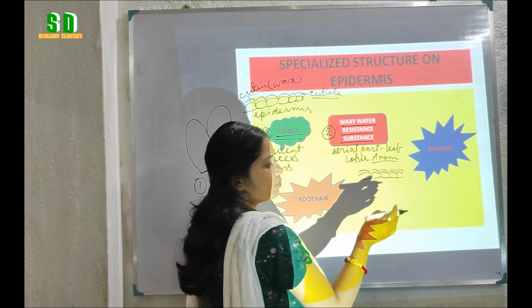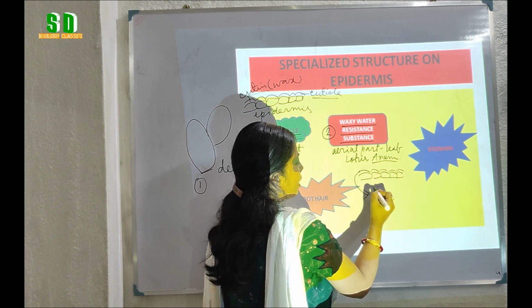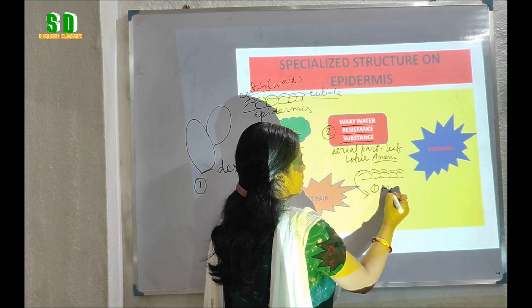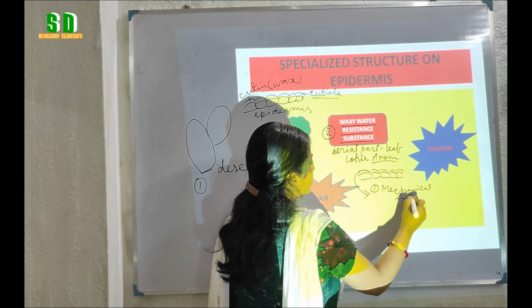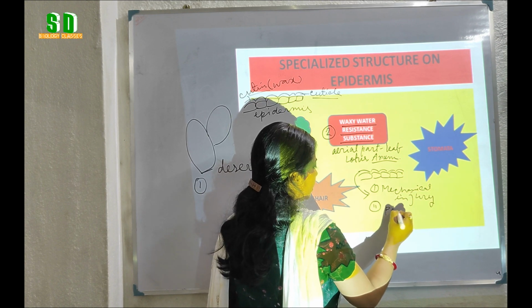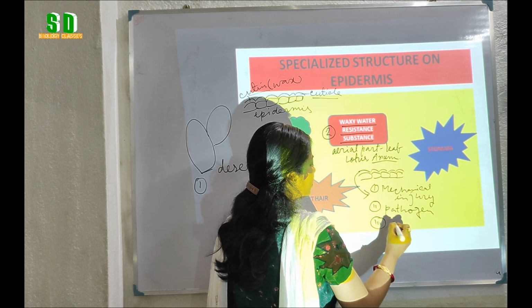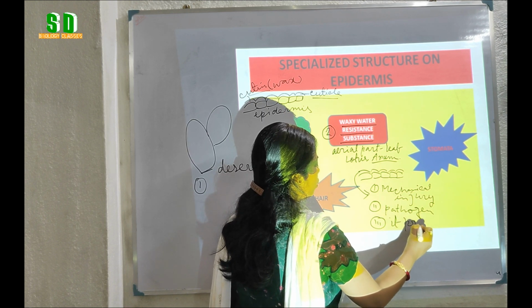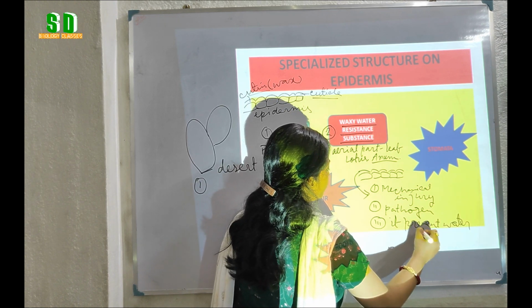It is different from the cutin that is present in the desert plant. What are its functions? It prevents mechanical injury, it prevents pathogen attack, as well as it prevents water loss due to respiration.